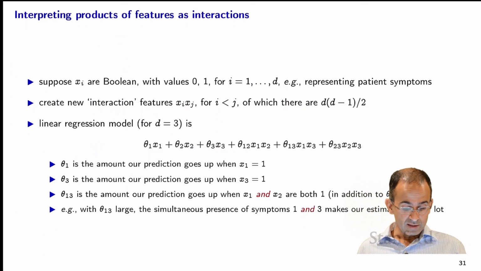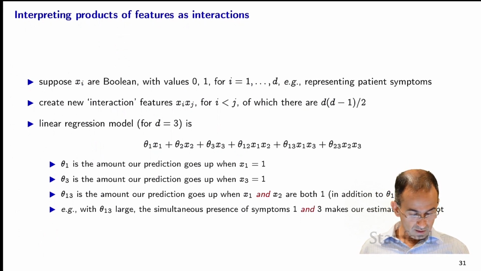Now these coefficients are very nicely interpretable, because theta 1 is the amount the prediction goes up when x1 is 1. Theta 2 is the amount the prediction goes up when x2 is 1. And theta 13 is the amount the prediction goes up when both x1 and x3 are 1.